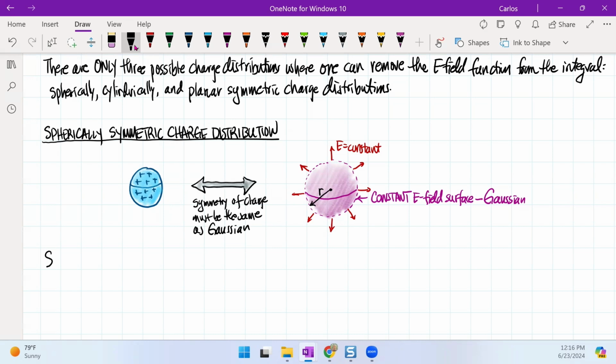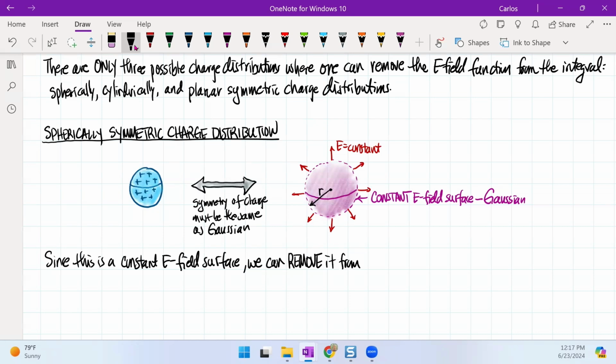Now, since this is a constant E field surface, we can remove it from the integral.